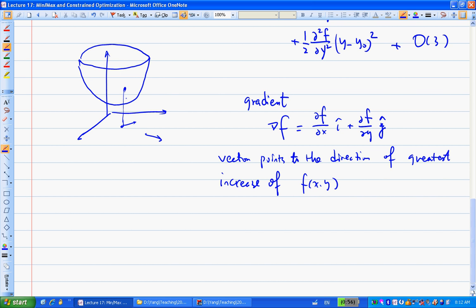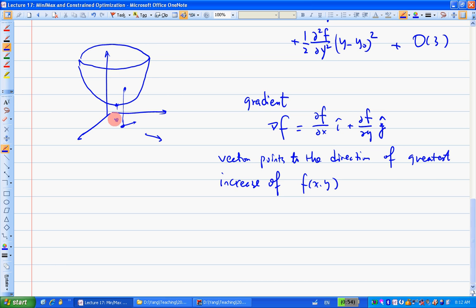Now think about it: if I'm looking for the minimum or maximum point of the surface, and this location happened to be the minimum or maximum location, where would you walk to?